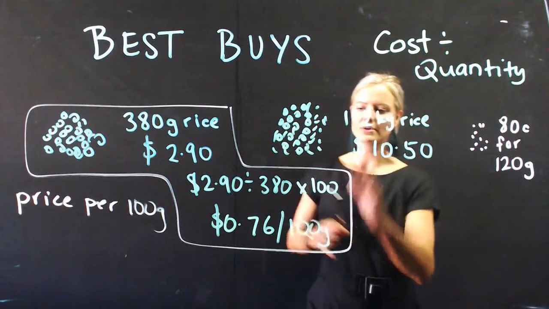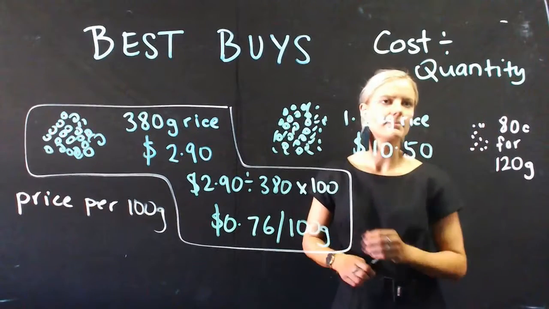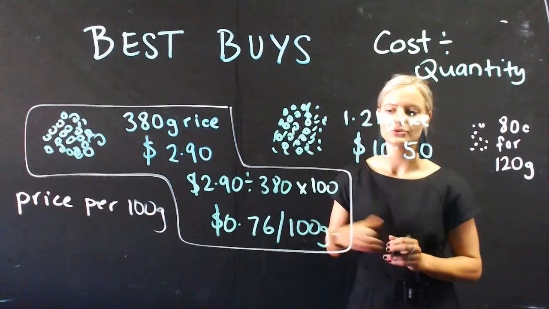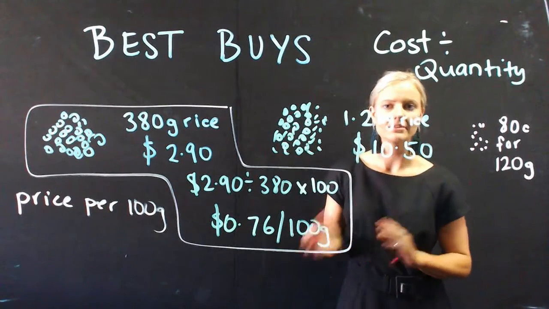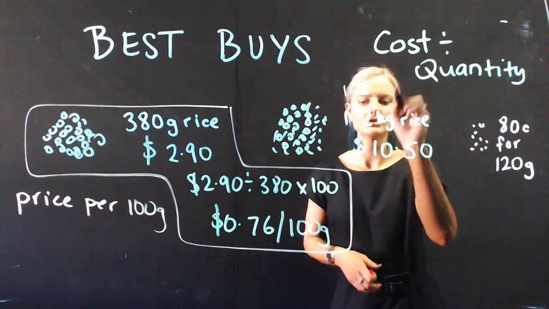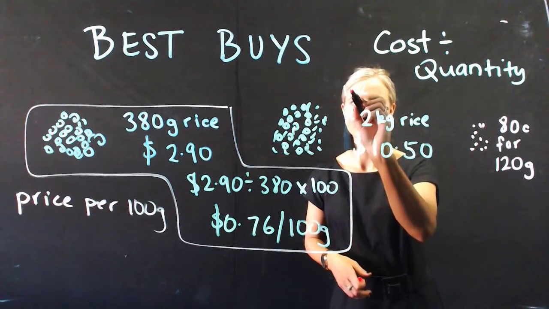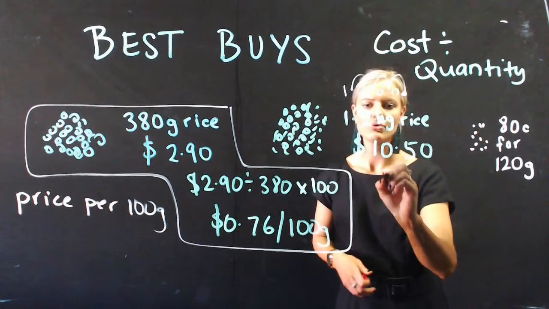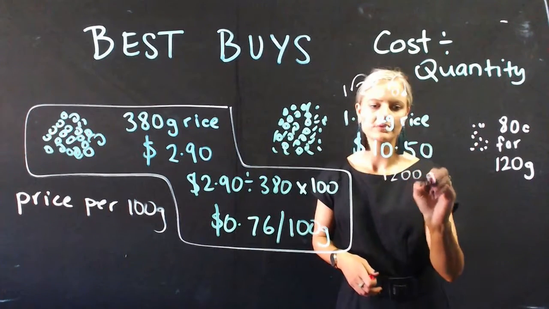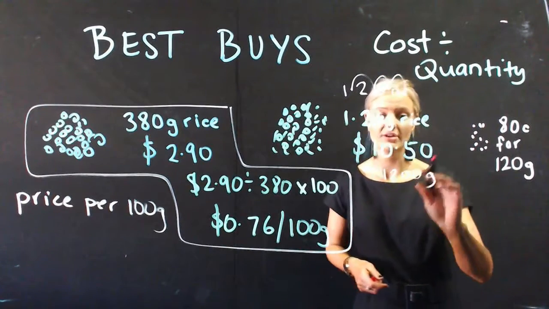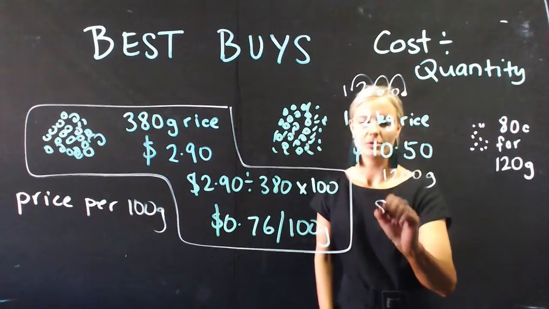Now realizing that we're working with grams, we need to make sure our units are the same. Going from 1.2 kilograms into grams, there are 1,000 grams in a kilogram, multiply by 1,000, jump the decimal 3 times, that equates to 1,200 grams. Okay, so it's $10.50 for 1,200 grams of rice, cost divided by quantity.